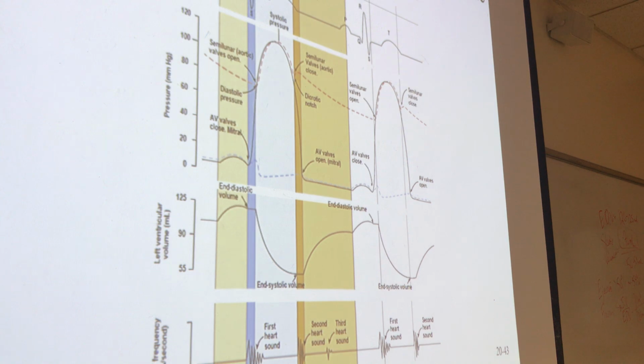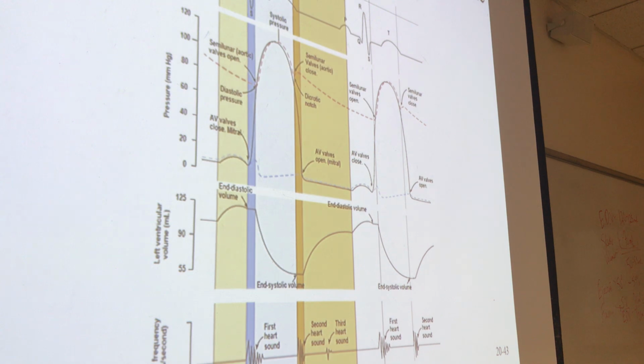Before, we had enough pressure driving that blood out. But now there's not enough pressure in the left ventricle. What happens? That blood that wants to move back now starts to move back towards the heart. As the blood moves back towards the heart from the aorta, that blood then seals and closes the aortic valve.